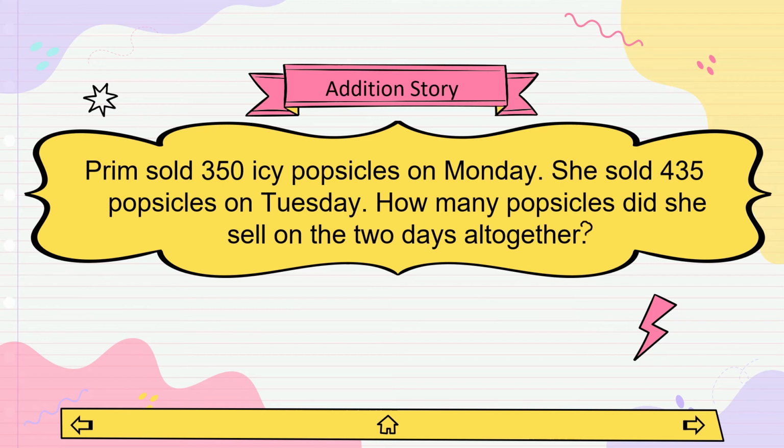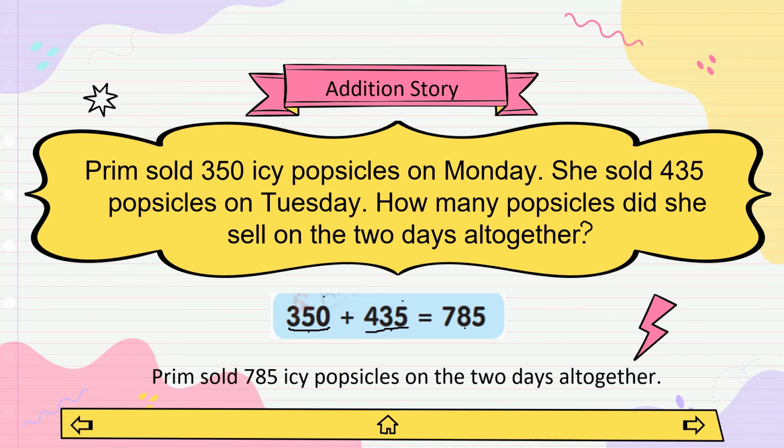So for this one, we're going to work out the answer. 350 plus 435 is 785. So 0 plus 5 is equal to 5. 5 plus 3 is equal to 8. And 3 plus 4 is equal to 7. So Pim sold 785 icy popsicles on the 2 days altogether.